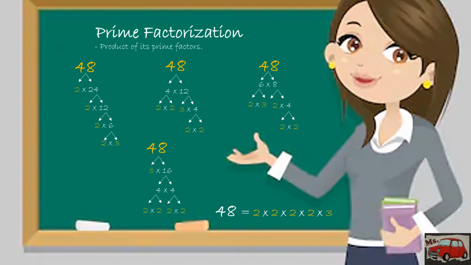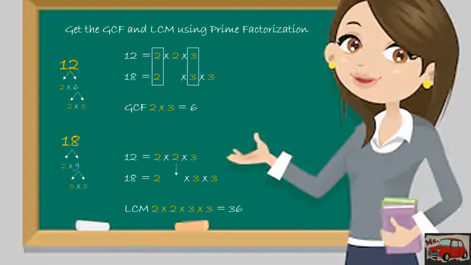Okay? Alright. So, this time, malalaman natin kung paano makukuha yung GCF and LCM using prime factorization. So, let's say si 12 tsaka si 18, kunin natin yung GCF nila, yung pinakamalaking pareha silang factor, at yung LCM nila or yung pinakamababang pareha silang multiples. Kanina pinag-usapan na natin kung ano yung GCF tsaka LCM.